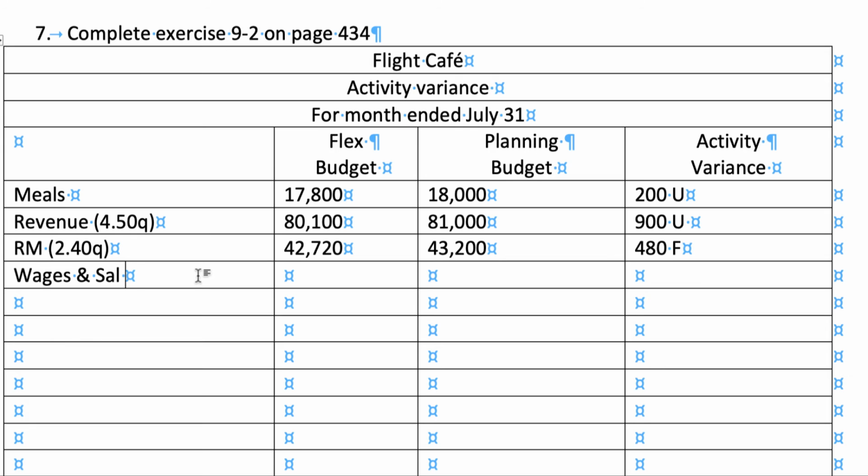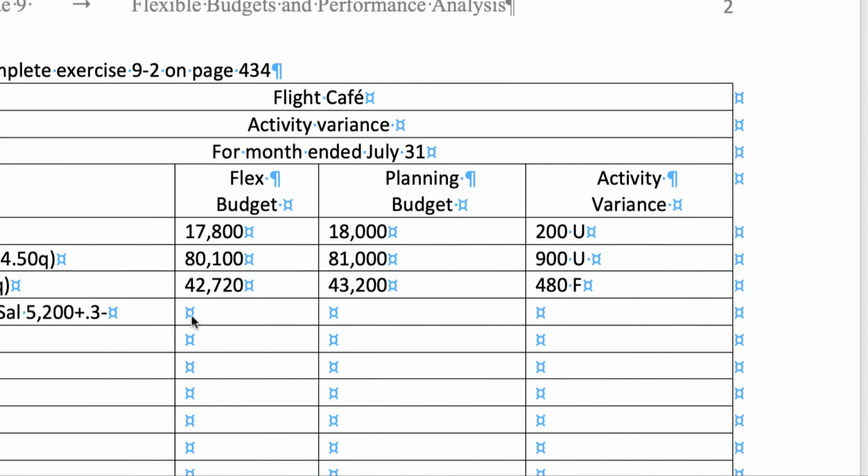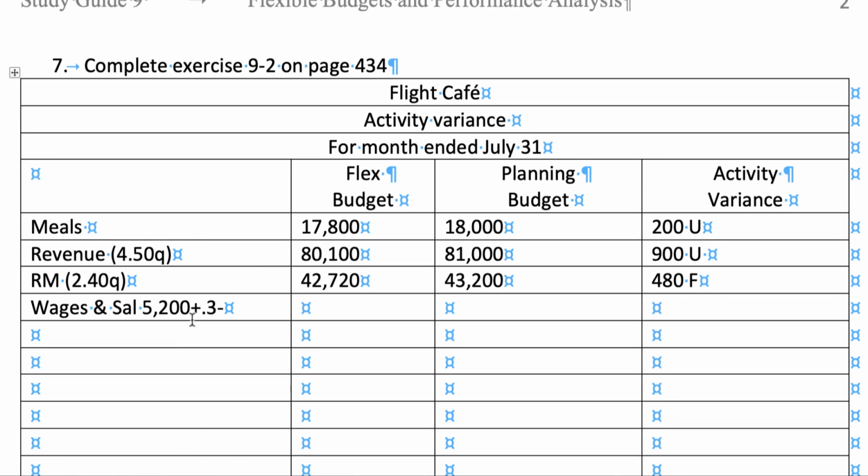Well, it's 5,200 plus 0.3 Q. Okay. Now, this might seem redundant to you, and it is, but there's a reason behind the madness.